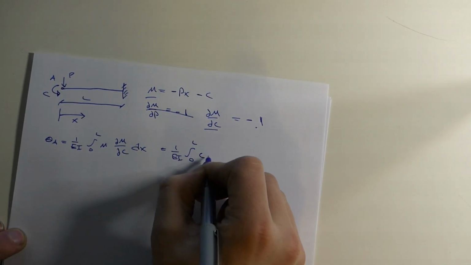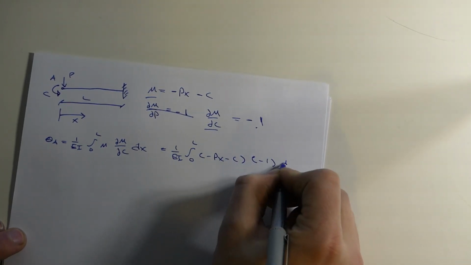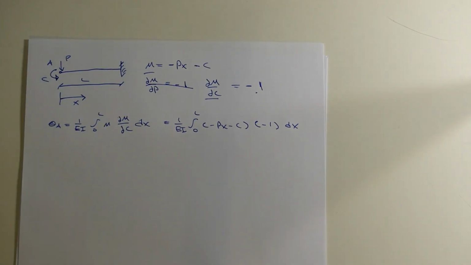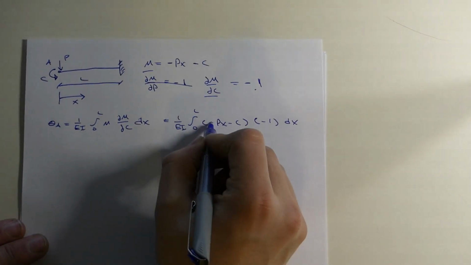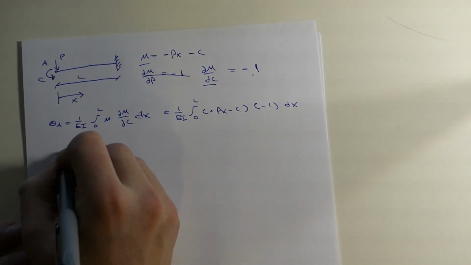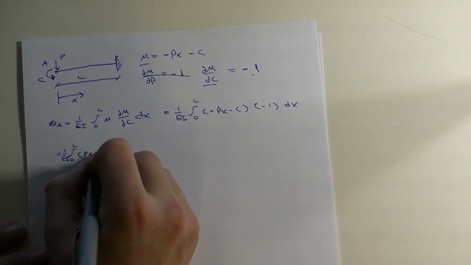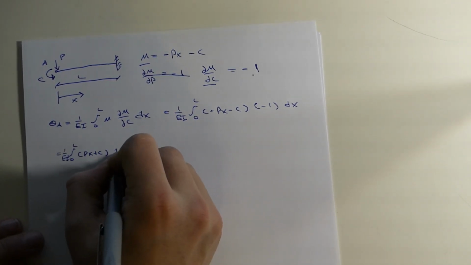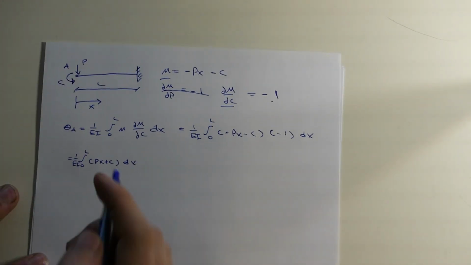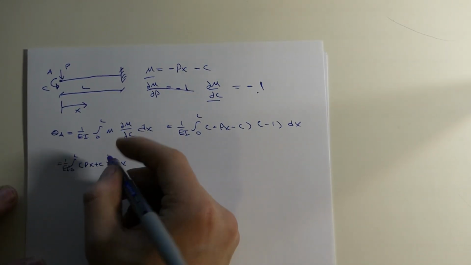0 to L, negative px minus c, times -1 dx. And that just becomes positive px plus c. So that's equal to 1 over EI, 0 to L, px plus c dx. And because this moment here is just 0, we can get rid of that.